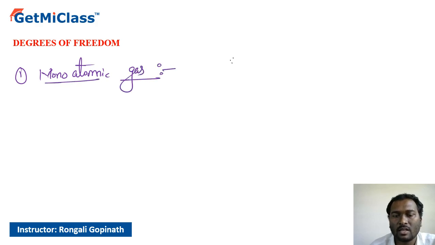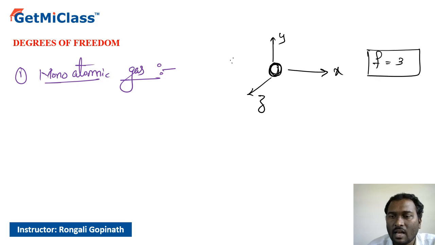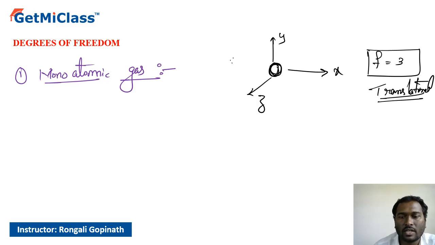Monoatomic gas means we have just one tiny atom. So it has 3 degrees of freedom, X, Y, and Z. So its degrees of freedom are 3, and these are translational only in translation. All right.